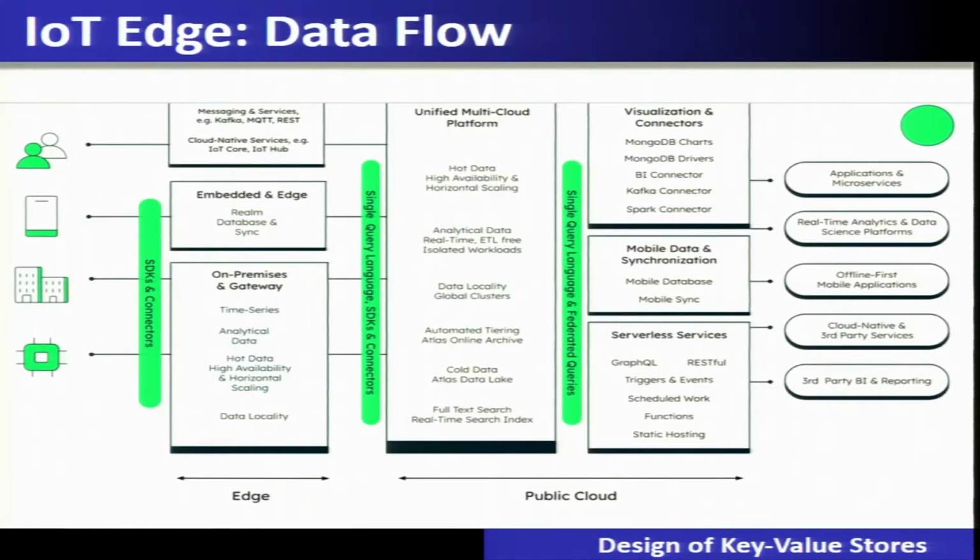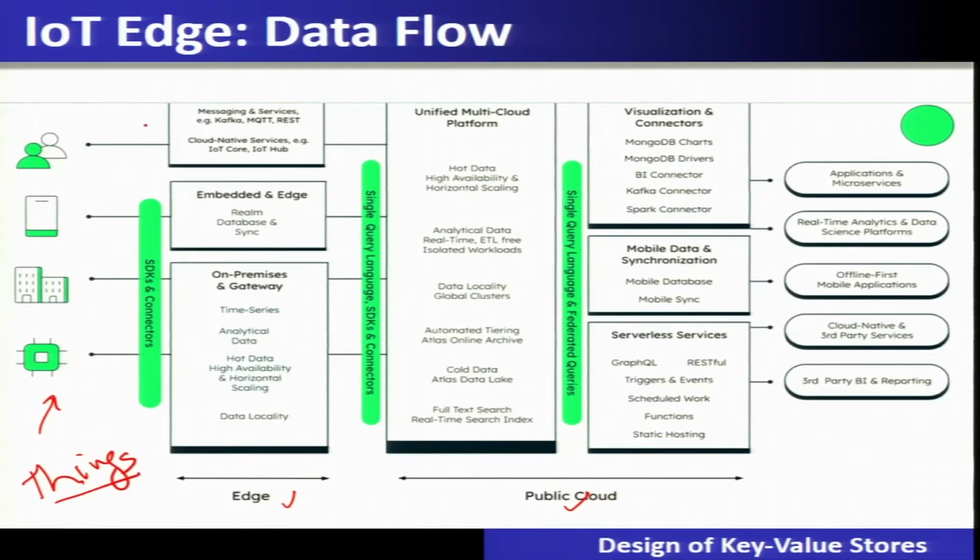So, this is an overall data flow diagram. You can see there is an edge and a public cloud, two entities, and here we have the things. The IoT sensors, which are embedded across all the things, will be the source of the data generation.